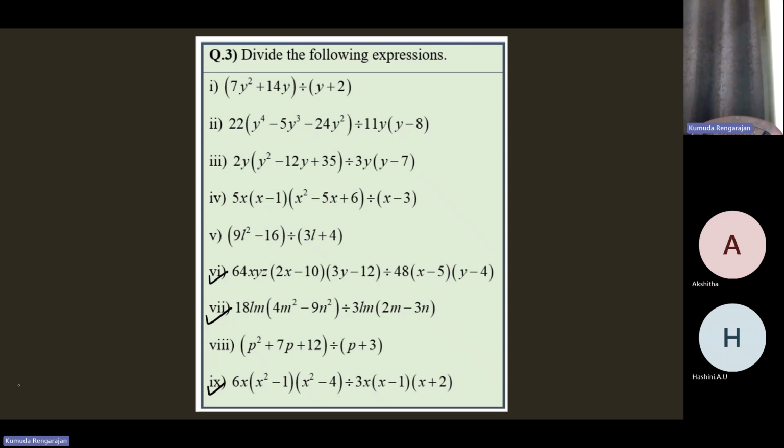A square minus B square plus A plus B into A minus B, and identity is, the whole square, and square.